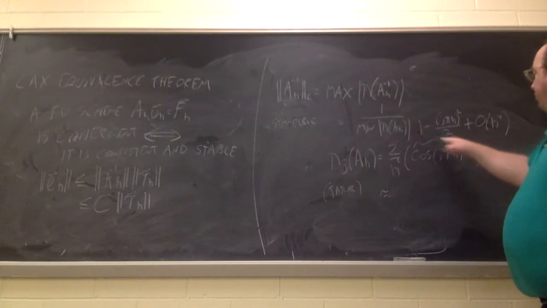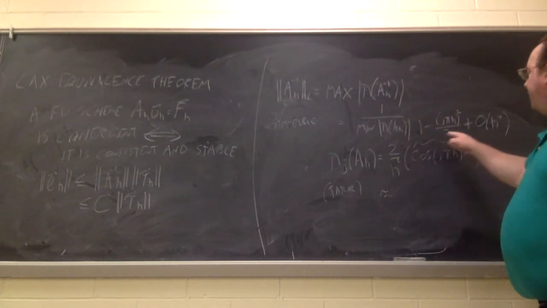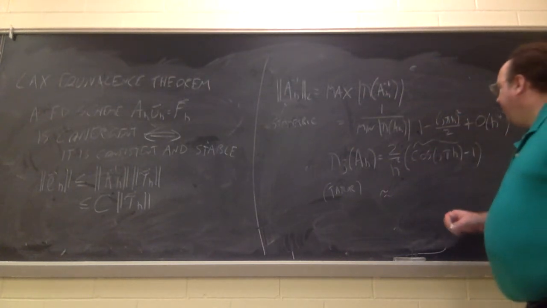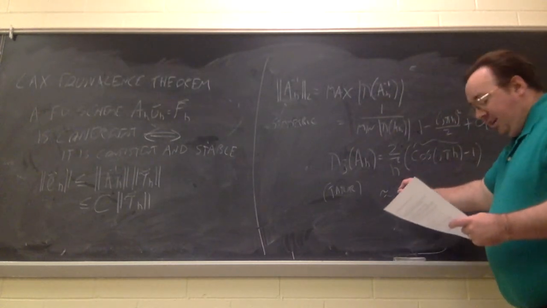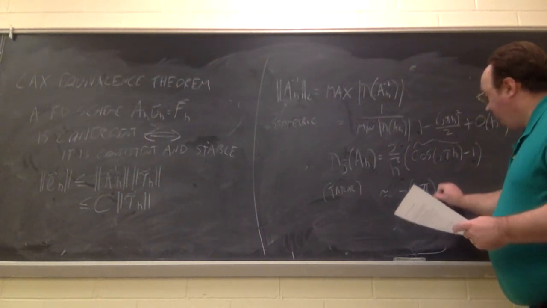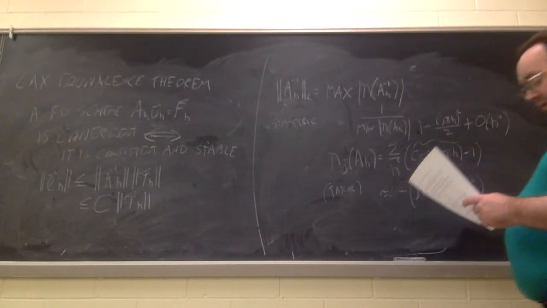So these 1's cancel. The 2's cancel. The h squareds cancel. So all I have left is minus (j pi) all squared plus something that's order h squared.